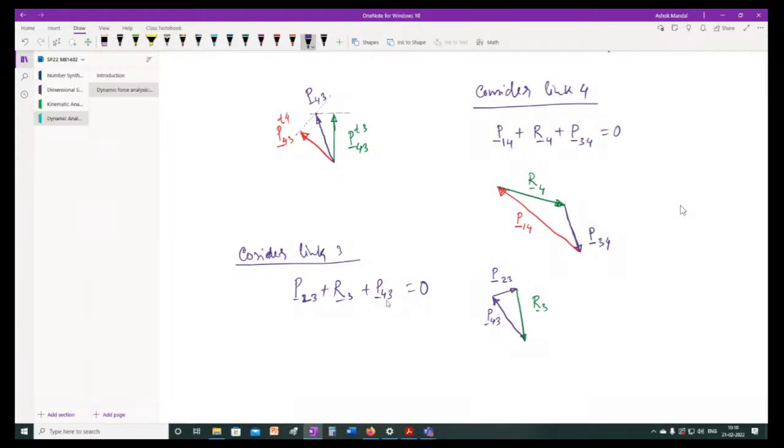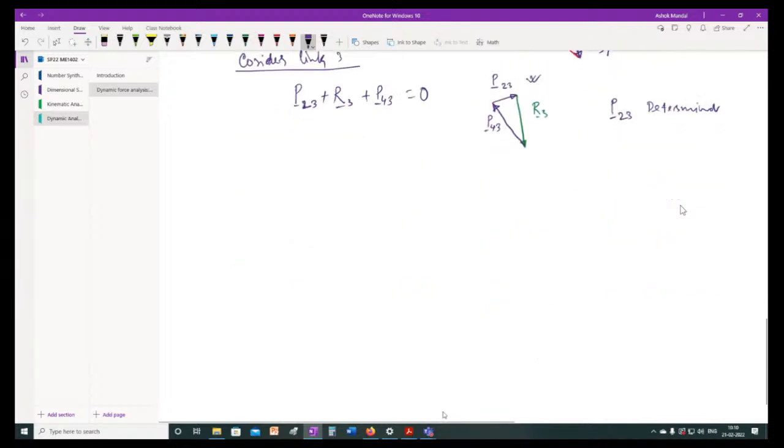So from here we got this P23. So P23 is now determined, and P14 is determined. Joint forces P23 and P14 are now known to us.